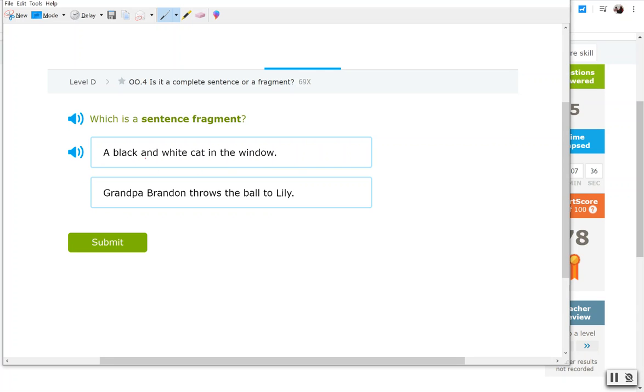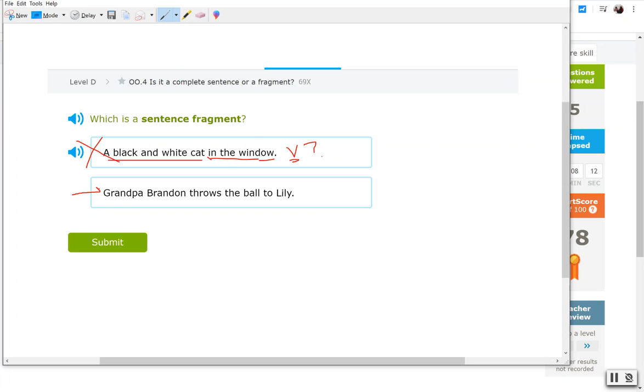So we've got a subject, black and white cat, and we know where the subject is, which is something we're going to call a prepositional phrase. But we don't have a verb. We don't know what the cat is doing. We could say a black and white cat is sitting in the window, or is waiting in the window, or is watching from the window. But without that verb, it's just a sentence fragment.